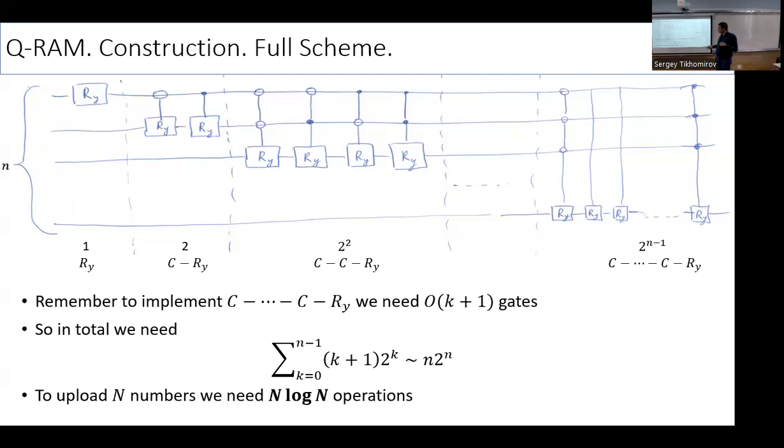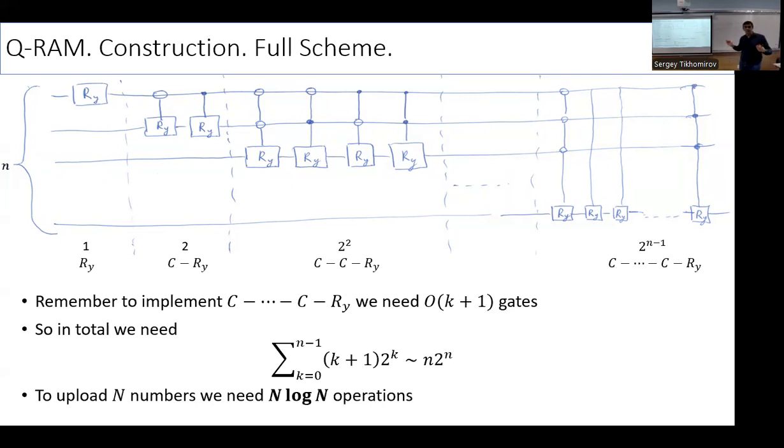So if we have N numbers and we want to apply quantum Fourier transform to them, we will have step one, upload, and it will take N log N. And after this, step two, apply quantum Fourier transform, which would be log N squared.